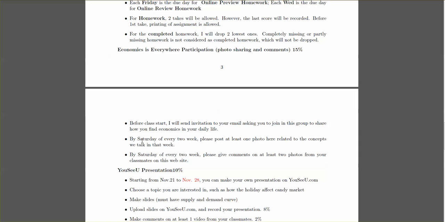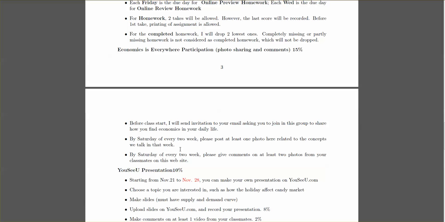So by Saturday of every 2 weeks, not every week, make sure you remember it, every 2 weeks, please post at least 1 photo on Flickr related to the concept we talked about that week. For instance, you go to the grocery store and we have just been talking about competition, and you find 2 different brands of flour, and the prices are different.